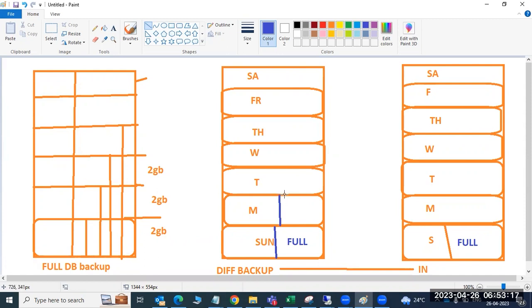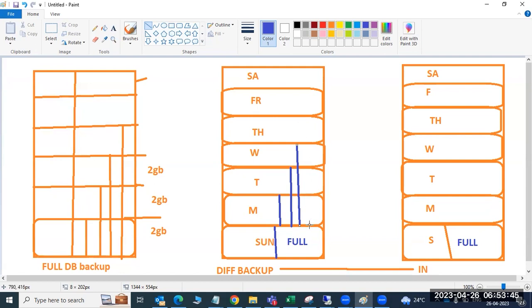Again, Tuesday when you are taking the differential backup, the differential backup always looks at the full database backup. When we have completed the full DB backup on Sunday, then it will start from here to here. When you are taking Wednesday, it will look at Sunday, Monday, Tuesday, and take the backup of the data of all these 3 days. That is called the differential backup.